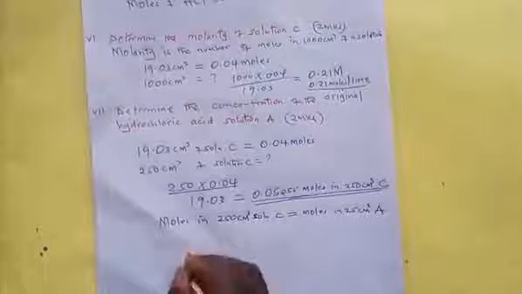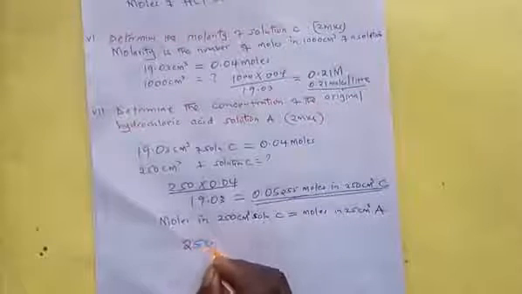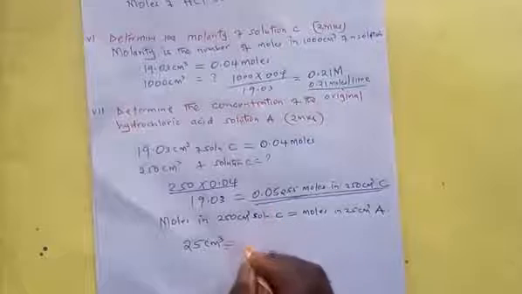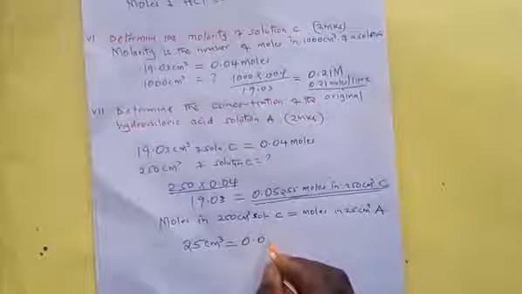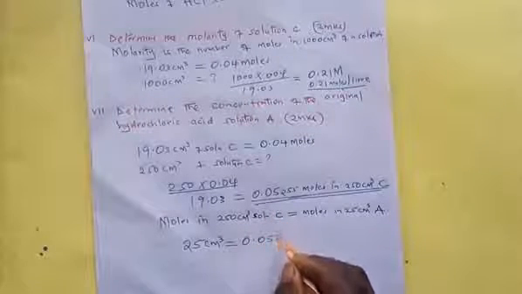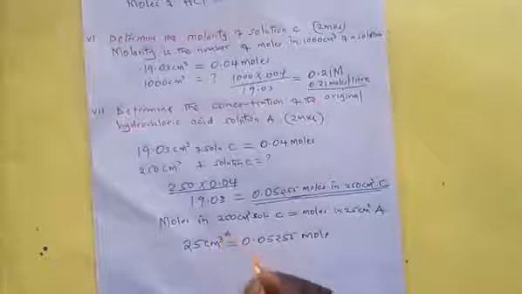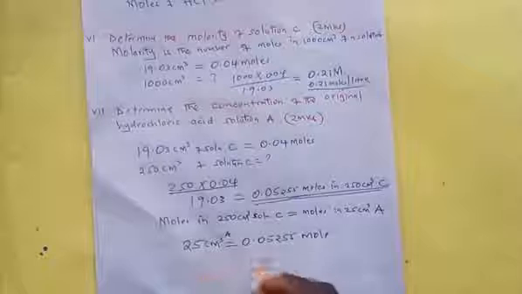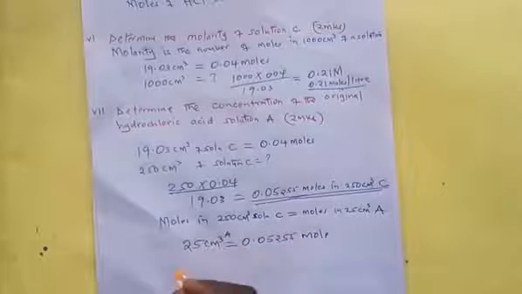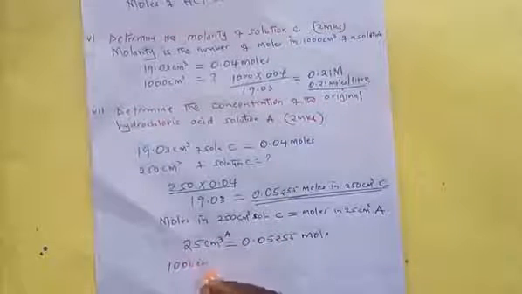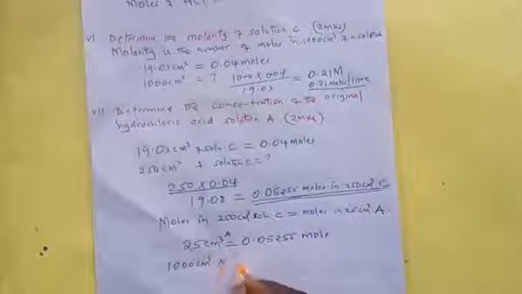Now I know that 25 centimeters cube has 0.05255 moles. That is now solution A. So what will it be? 1 liter, 1,000 centimeters cube of solution A will have what?